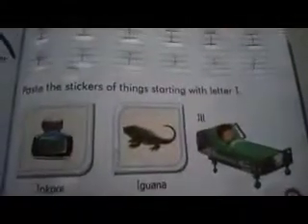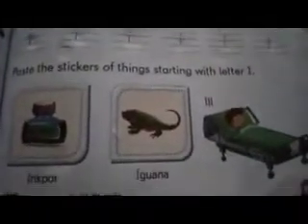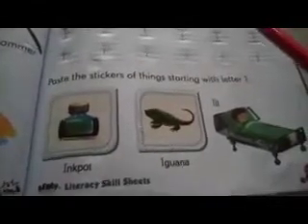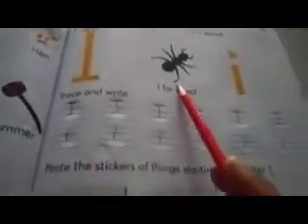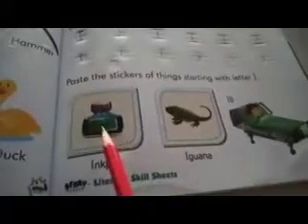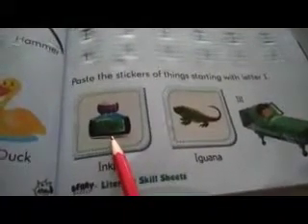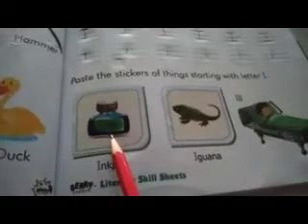So children, you all can see that I have pasted the stickers from the back side of the book. So now let's read the words starting from the alphabet I. I for insect, I for ink pot. The pot in which we keep ink, we call it ink pot.